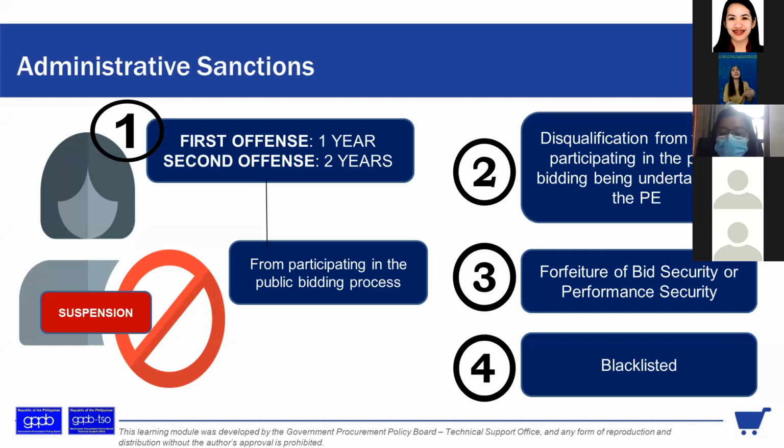But if later pa, like for example, during contract implementation na, found out ng HOPE or ng anybody, for example, later na-examine uli ng observer na matinik, kunyari matinik na observer, lagi naghahanap ng butas ng gobyerno, or yung kalaban ni HOPE, especially if si HOPE, isang politiko, mayor, naghanap ng butas.